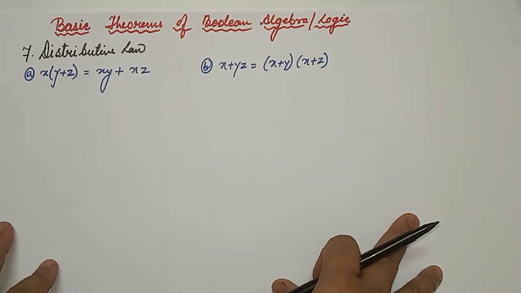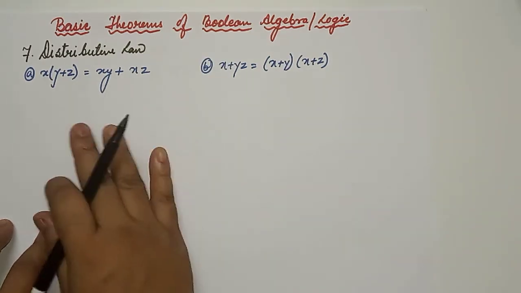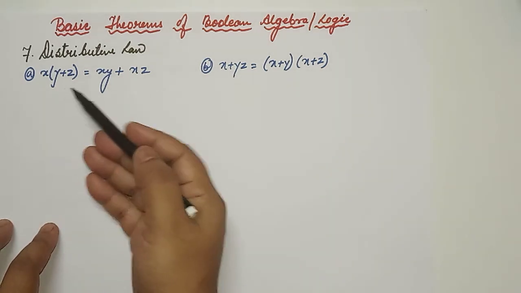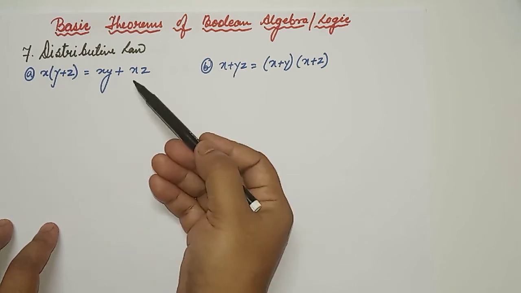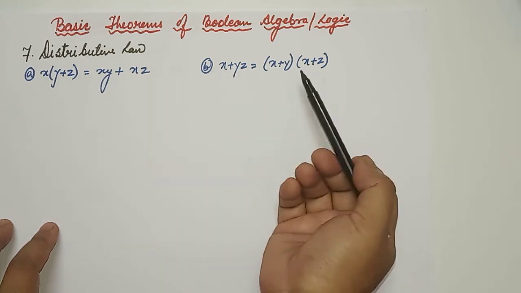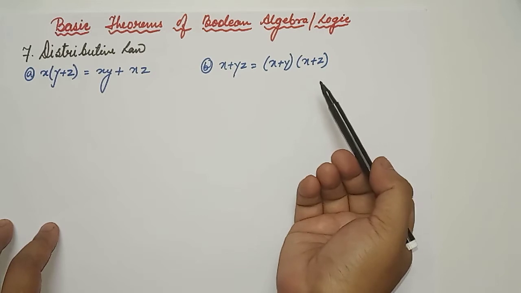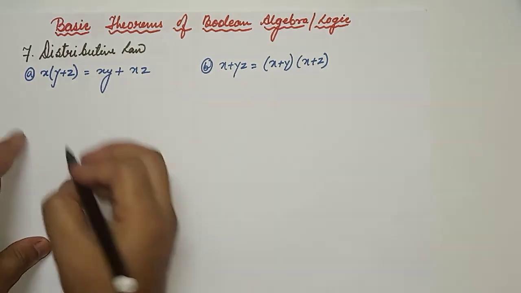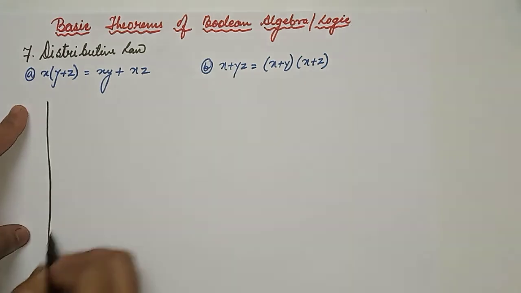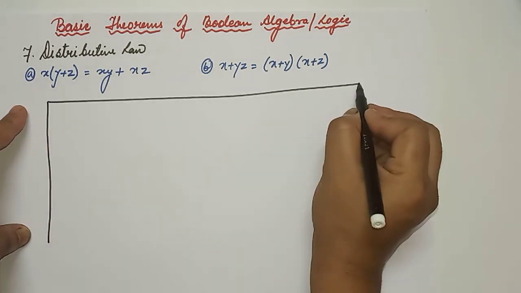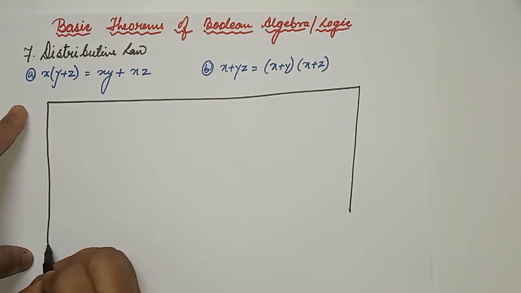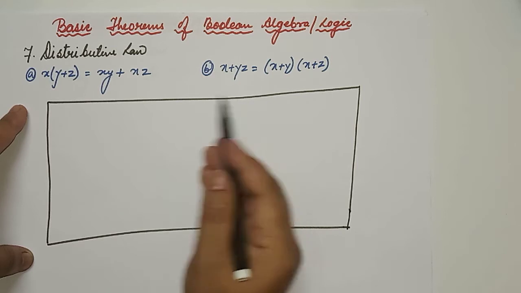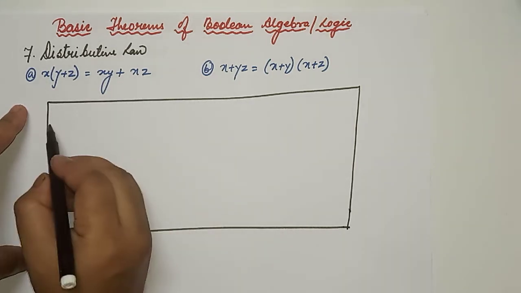Next is the distributive law. Okay, so these are the two equations. What is the distributive law states? If you just look the first expression, you can derive the next one by applying the principle of the duality. Okay, so let's try to prove using the truth table. So if you see how many variables we are having altogether 3 variables: x, y, z.